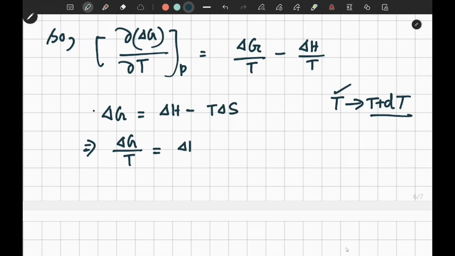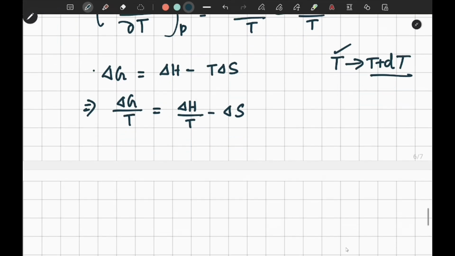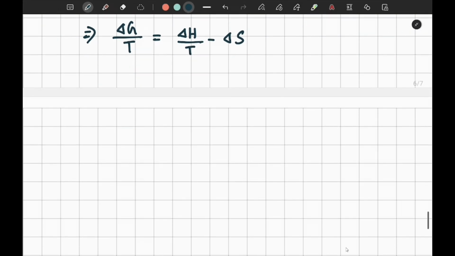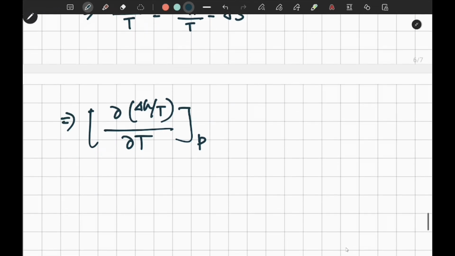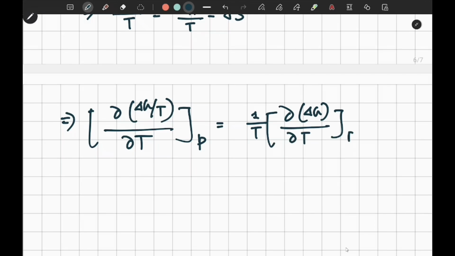So it is eventually delta H by T minus delta S. Now if I want to differentiate it, it will be del (delta G by T) by del T at constant pressure. What will we get? First, 1 by T is constant and we are differentiating del delta G by del T at constant P, and then delta G is constant and we are differentiating 1 by T with respect to T at constant P. Correct?